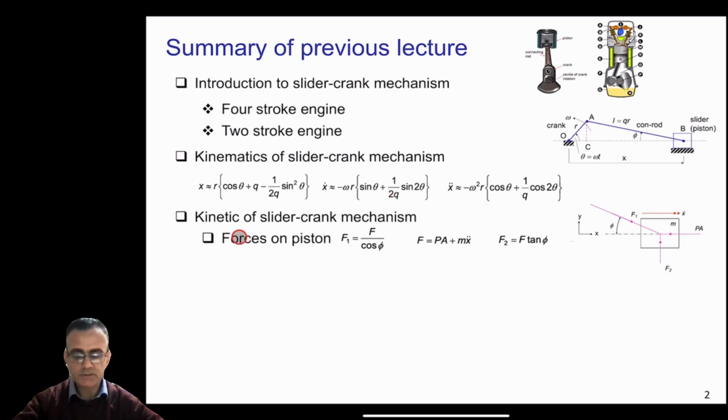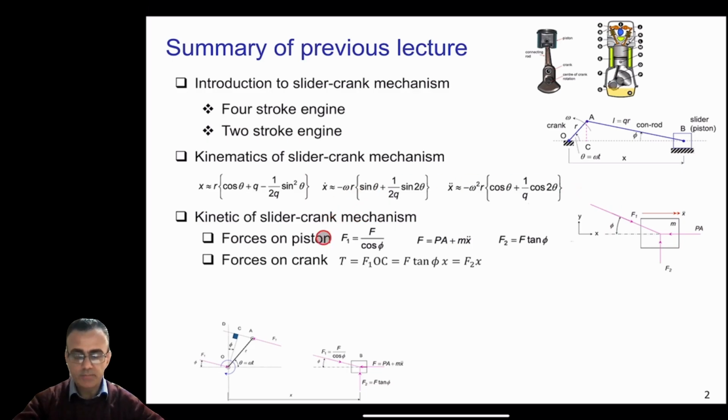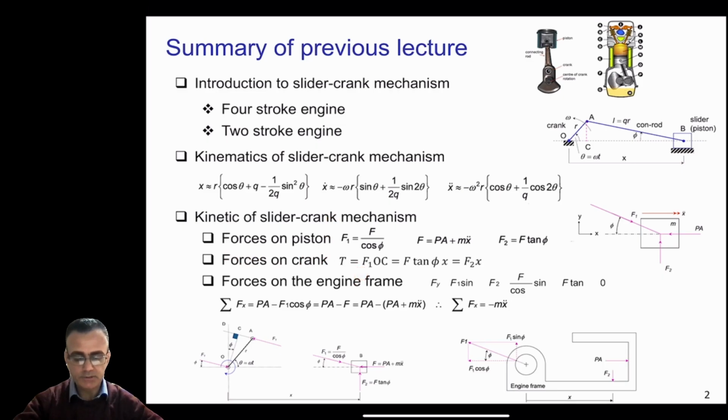And then we discussed the kinetics of the slider crank mechanism, so we derived equations for the forces on the piston, F1, F2, and PA, and then for the forces on the crank, and finally for the forces on the engine frame, and we also derived the equation for the torque.